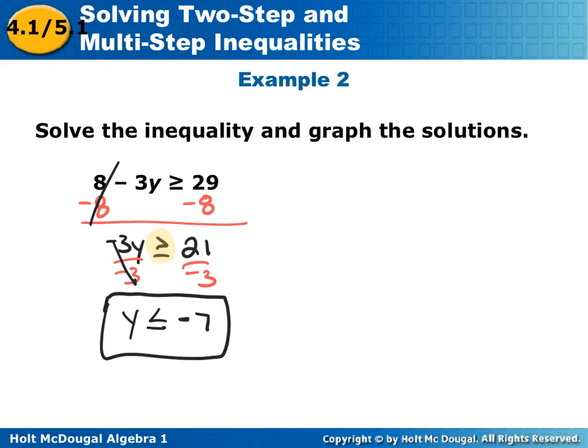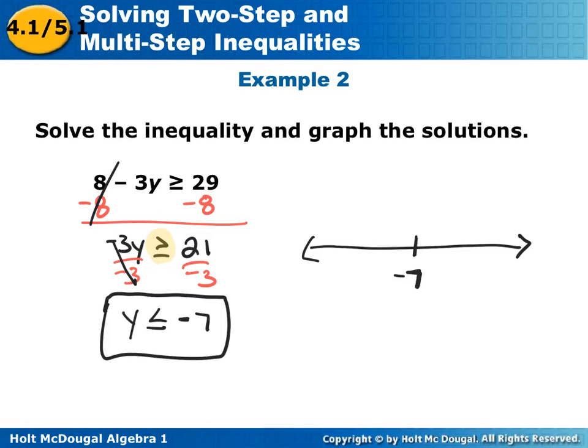Okay? Then it's about creating your graph. I know that my center point needs to be negative 7. Now, when they are negative numbers, you really got to think. If it is a smaller negative number, the number is actually kind of bigger, right?